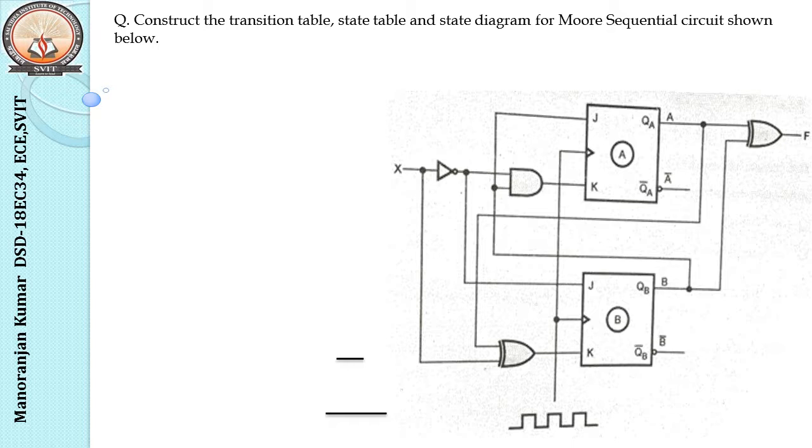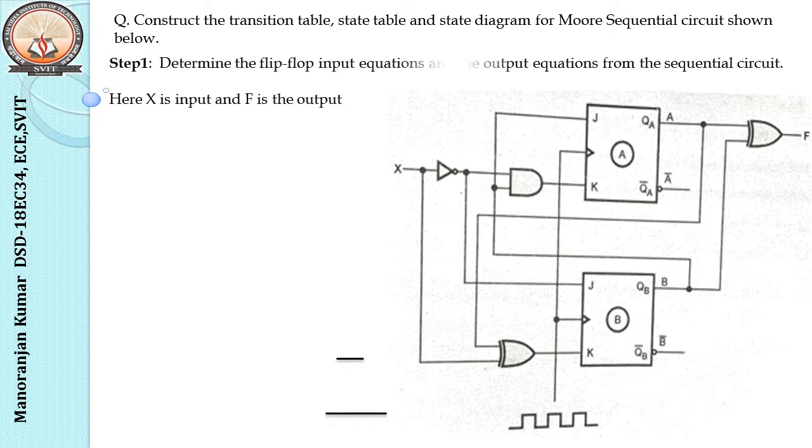By seeing this diagram, you can understand that we have two JK flip-flops, A and B, and we have a total of four inputs, that is JA, KA and JB, KB. Here F is the output and X is the input. QA, QA bar, QB, QB bar are the present states. We'll see how we'll go ahead.